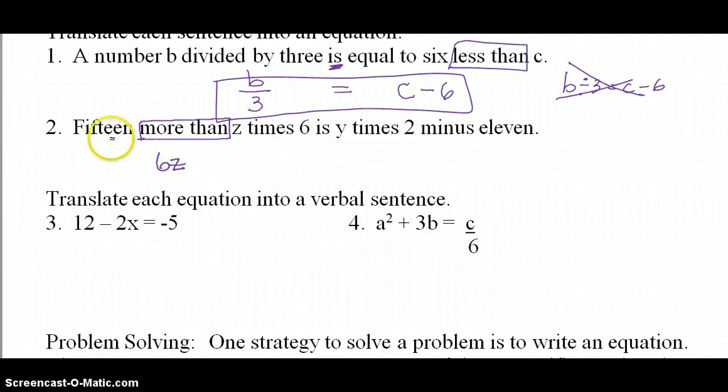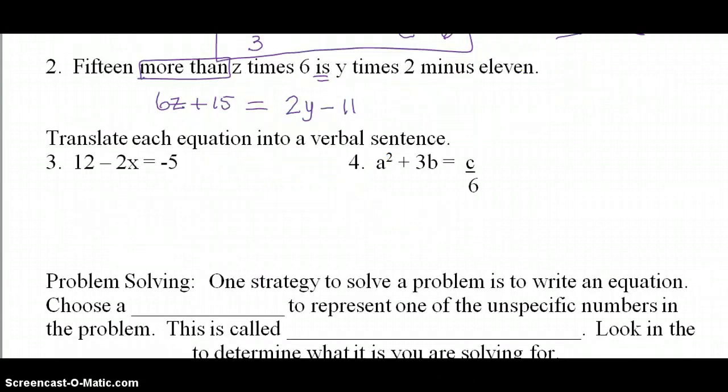So what was in front of it? 15 more. So it's 15 more than 6 times z is, there's my equal sign, y times 2 minus 11. So y times 2, I usually write that 2y because you like to put your coefficient in front of the variable. So 2 times y minus 11.